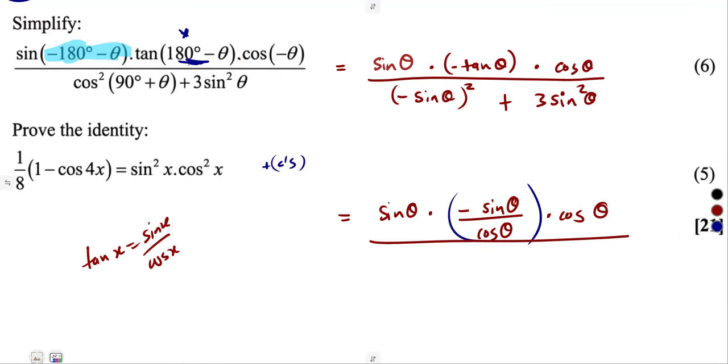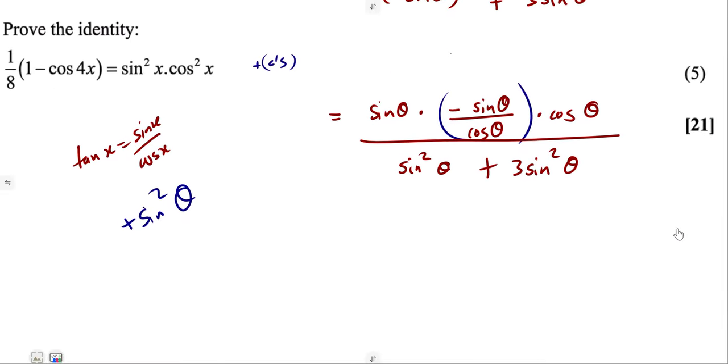In the denominator, there is a negative raised to an even power, so it's going to be positive. You raise the sine to the power of 2, that's sine squared theta, plus the 3 sine squared of theta. So that's it. We can simplify the numerator and so on.